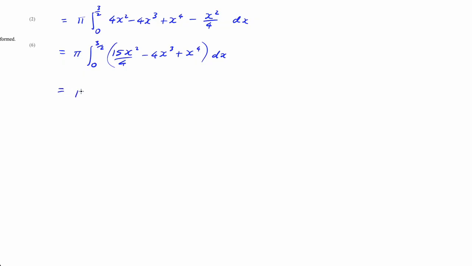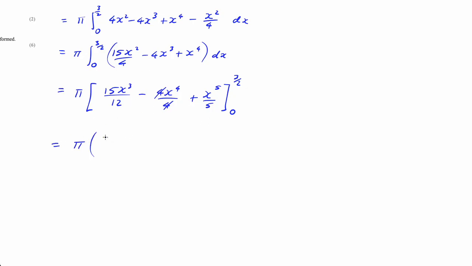So pi times, now we'll integrate, so bracket, this gives me 15x cubed over 12, because it's 3 times 4, minus 4x to the 4 over 4, they cancel nicely, plus x to the 5 over 5, all from 3/2 to 0. Equals, when I sub in the 0, guys, I'm just going to get 0, so that's good.